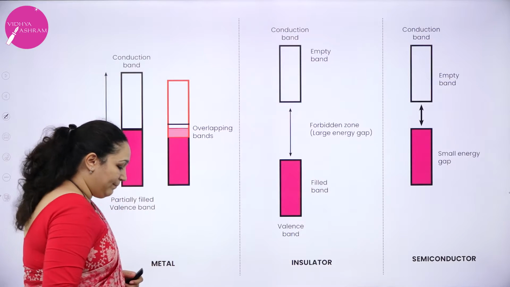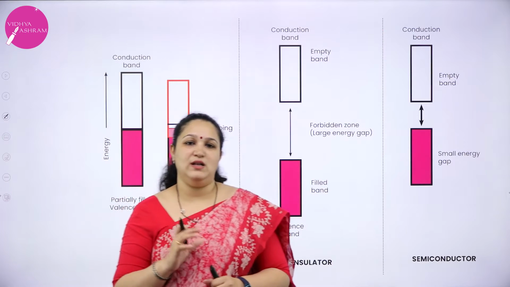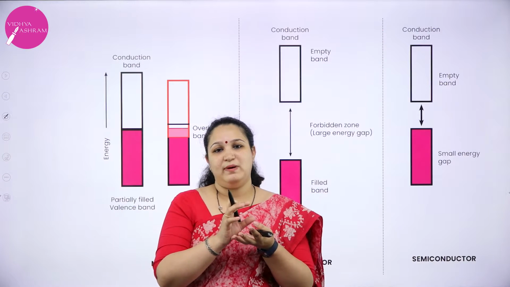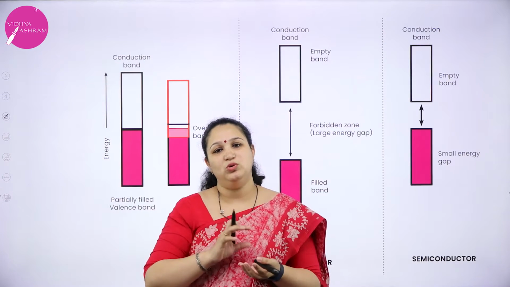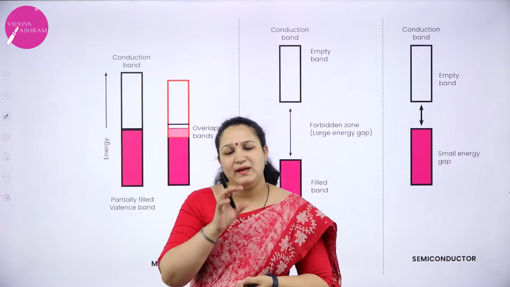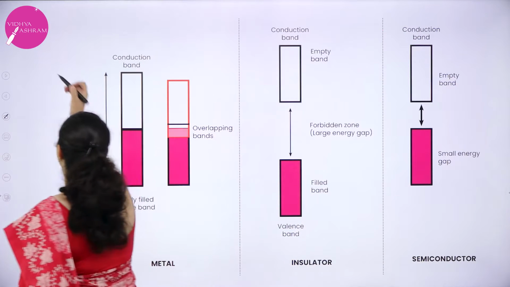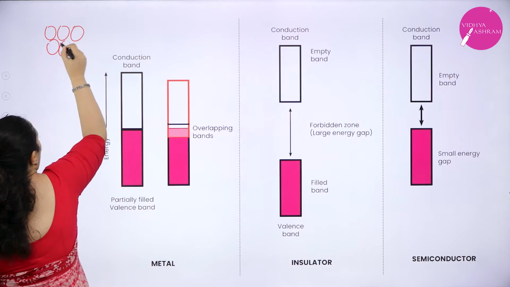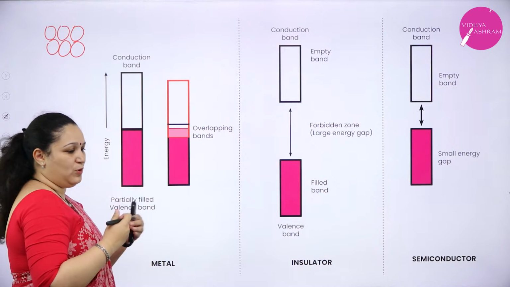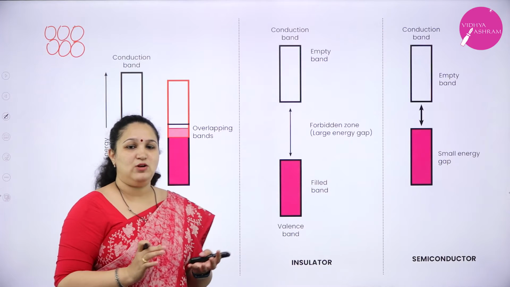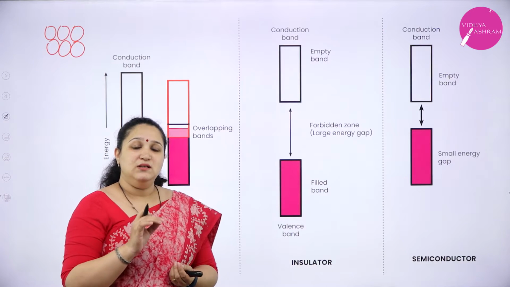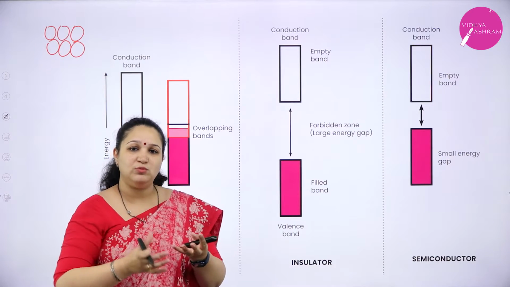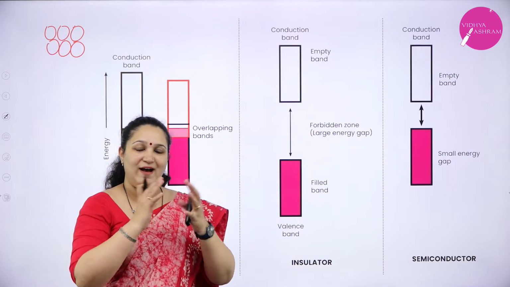So coming to band theory, now in solids I told you all the atoms, or the constituent particles, are placed very close to one another. So when they are closely placed like that, there is a small disturbance in the energy level of the outermost electrons, the valence electrons.